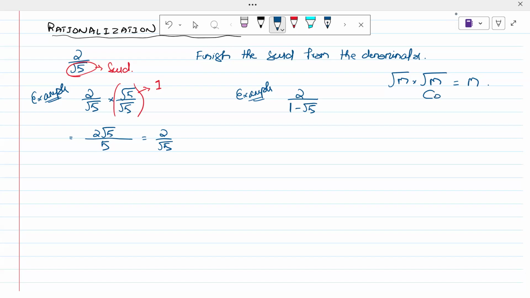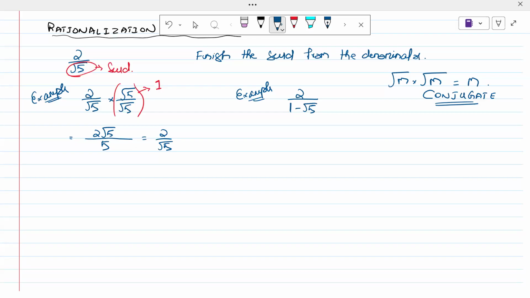I am using the word conjugate. Conjugate means out of the 2 terms you have, you change the sign of one of the 2 terms.